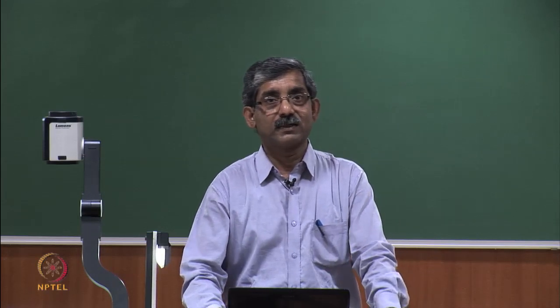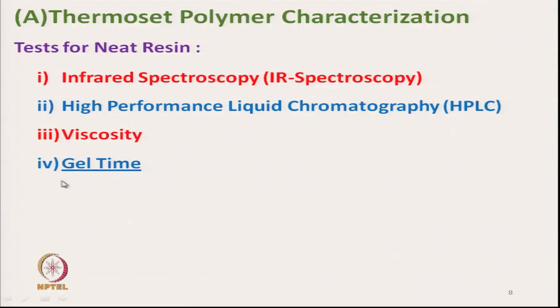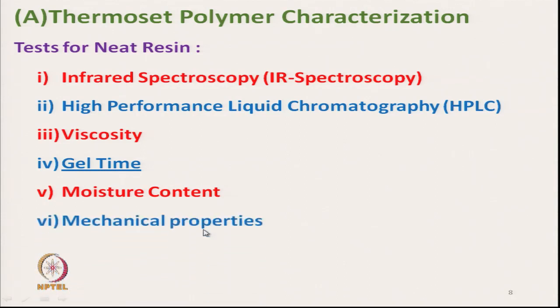Next method is gel time characteristics. Gel time measurement indicates the solidification time. Moisture content is an important characteristic. Mechanical properties, that is the strength properties, are important. And density.